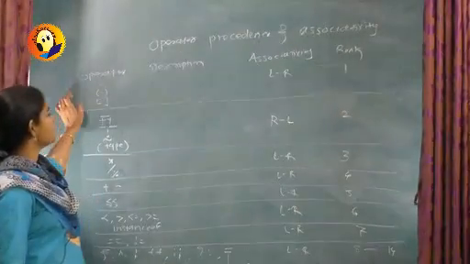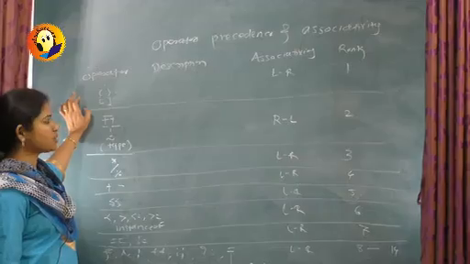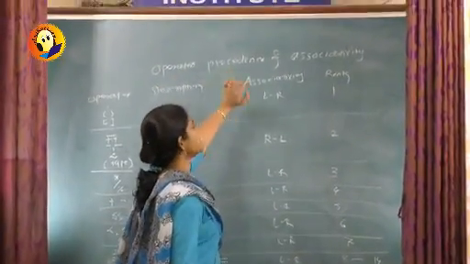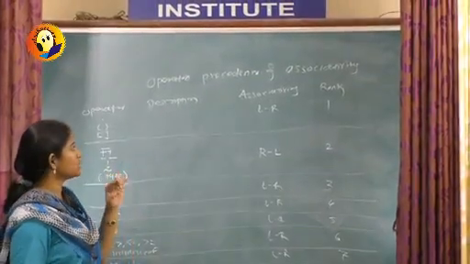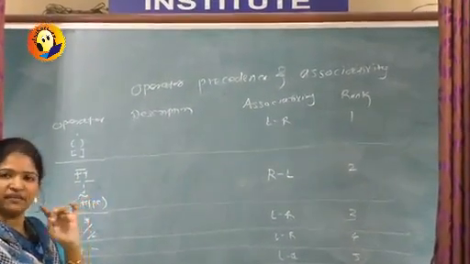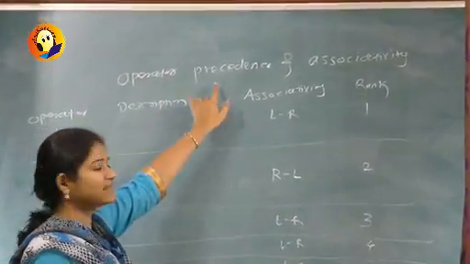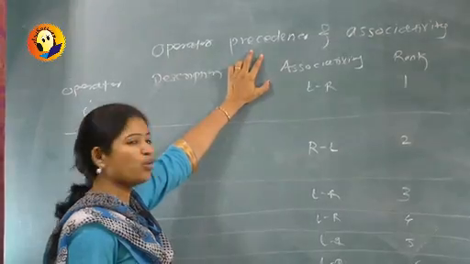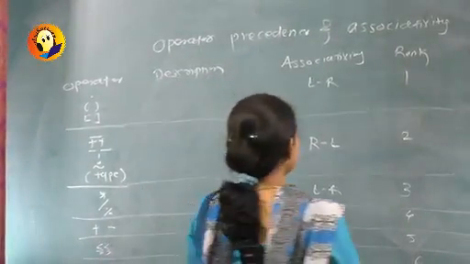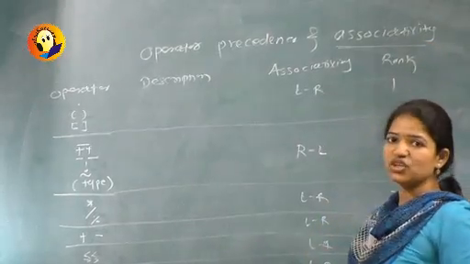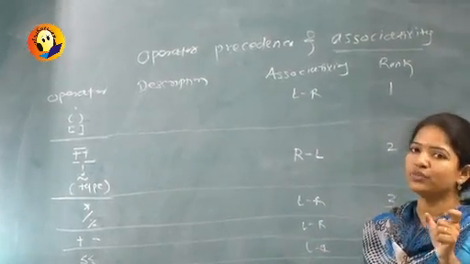Next concept is regarding operator precedence and associativity. Operator precedence is the concept which gives us the priority of operators, which operation needs to be done first and what about the next operation. That ranking is given with the help of the precedence term, and associativity is nothing but the direction in which we need to perform the operation.